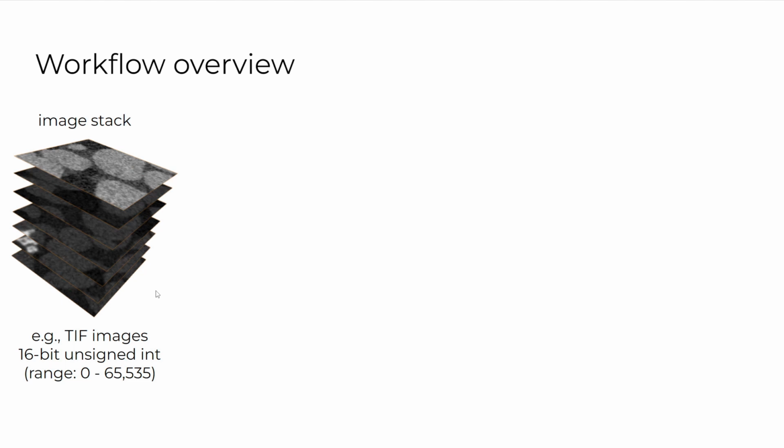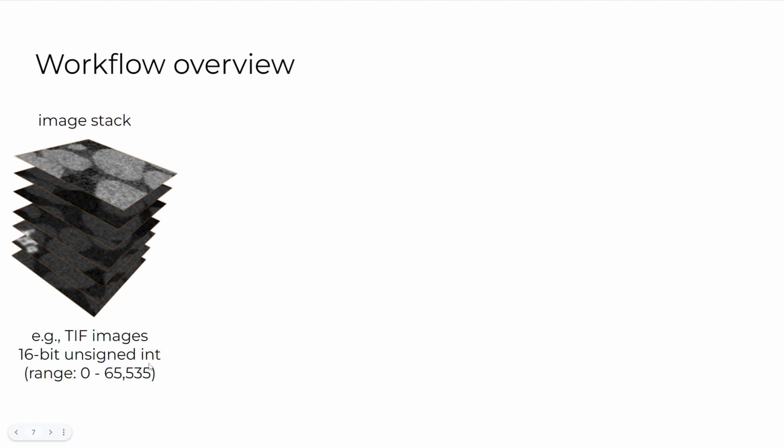As you can probably imagine, the low intensity or dark colored pixels here correspond to air pockets, while the high intensity or bright colored pixels here correspond to sand particles. With that being said, image stacks can be represented using a wide variety of formats. In this particular example, each slice is encoded as a TIFF image, where each pixel is a 16-bit unsigned integer.